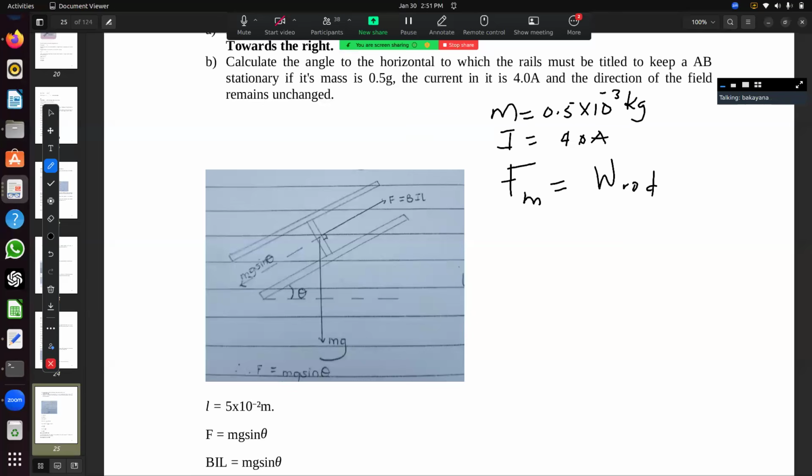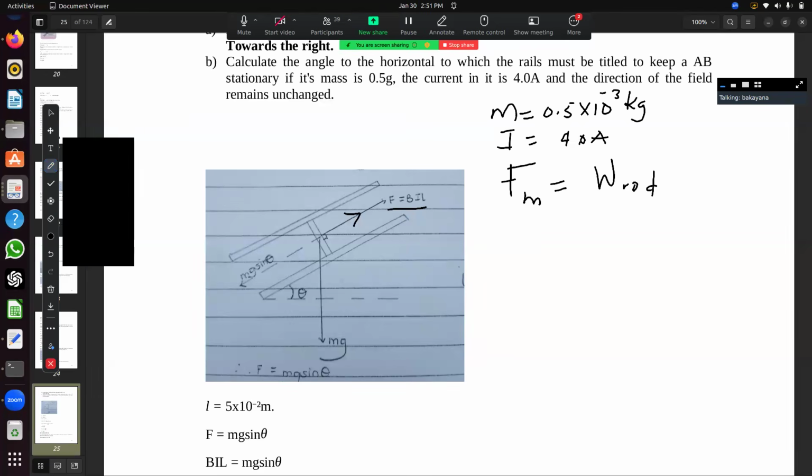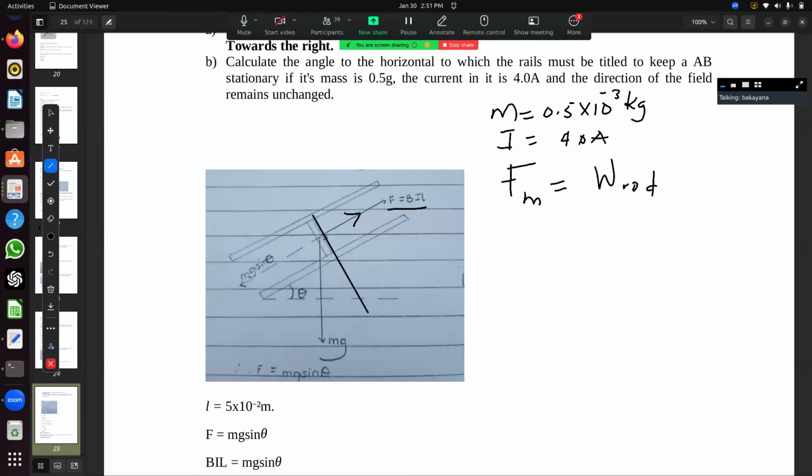This time, the rails are tilted through an angle theta. So if the rod is acted upon by a force, which we call BIL, that means we shall have to resolve. If this angle is theta, look at this. I hope you've done resolving. You should have done resolving.